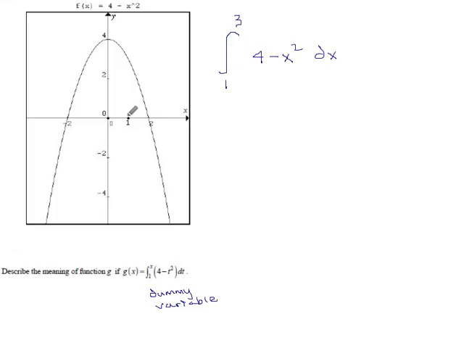Well, we've seen that the integral of a function is the area under it. So this would be the area under this function starting at 1, and continuing all the way up to x equals 3. So in general, the integral of a function represents the area under that function starting here and ending here.